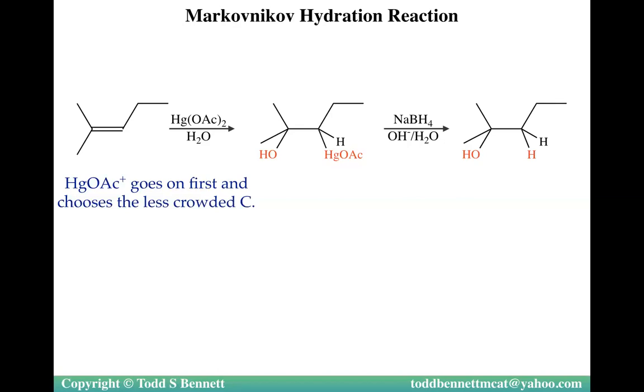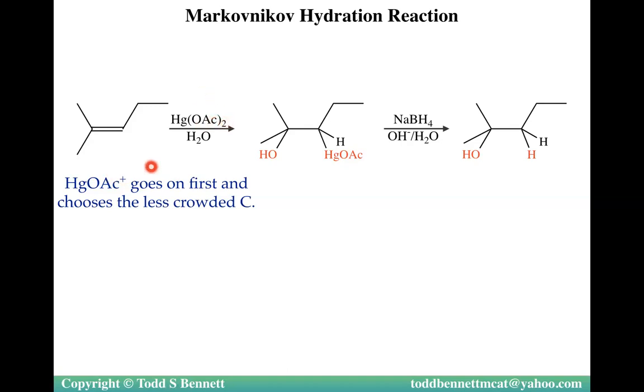So the fundamental mechanism: the first part of a reagent, the first substituent, group, or atom, whatever it is, in that particular case to go on will always choose the better seat, the less crowded seat. Because mercury is first on, and notice it's now HgOAc with a plus charge instead of Hg(OAc)2, which is neutral.